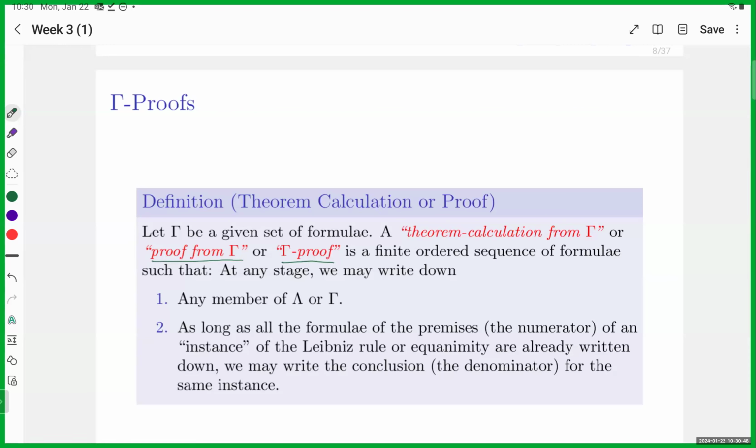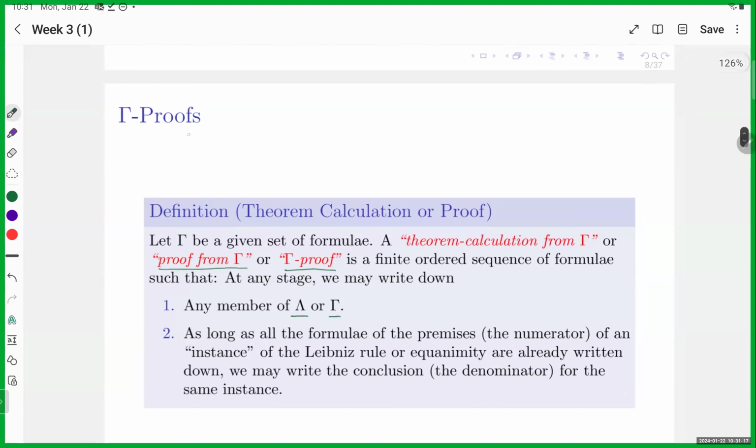is a finite ordered sequence of formulas such that we can write following the two steps given here. The first step tells me that at any step, I can write a member of lambda or gamma. So again, let's go back. A proof is a sequence of formulas. It is finite.